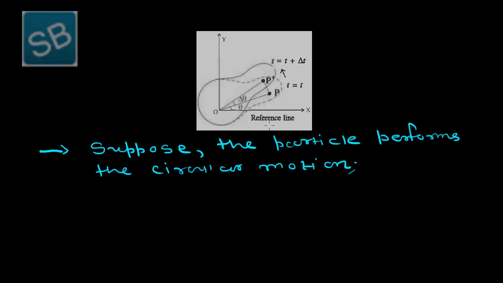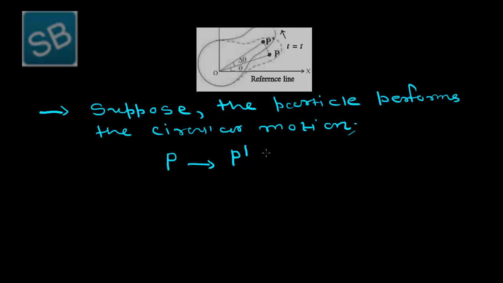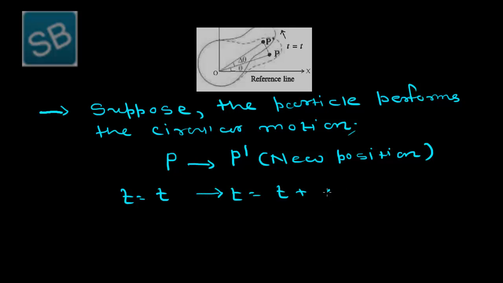Then this particle P is now at P dash. This is the new position of the particle. After the circular motion, the time is also changing from t to t plus delta t.